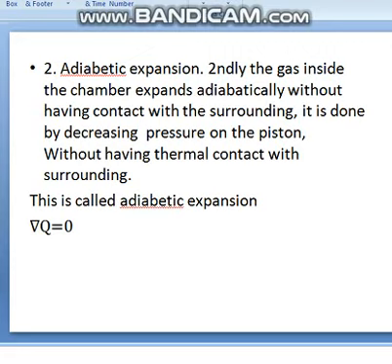In this case delta Q is equal to 0. In this process the gas inside the chamber has no thermal contact with the surroundings.